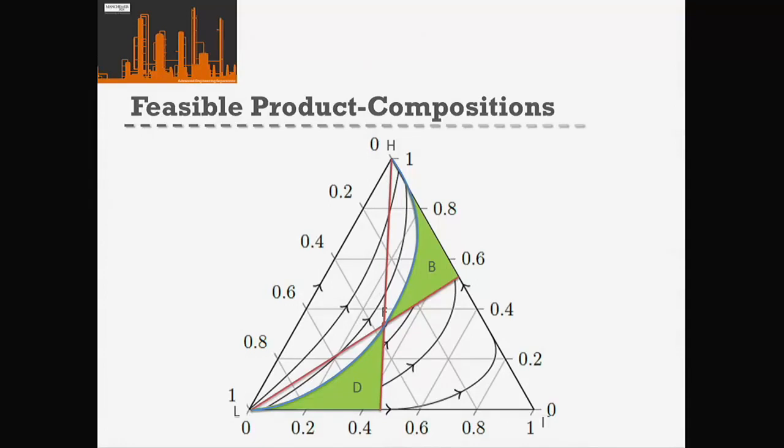And you can see that our low boiler, which we could separate off from our feed, is actually in our feasible distillation region. Our heavy boiler that we could separate off is in our feasible region. But our intermediate boiler that originally we just knew from our knowledge that we couldn't separate off by itself is actually outside of our feasible distillation region. Okay?